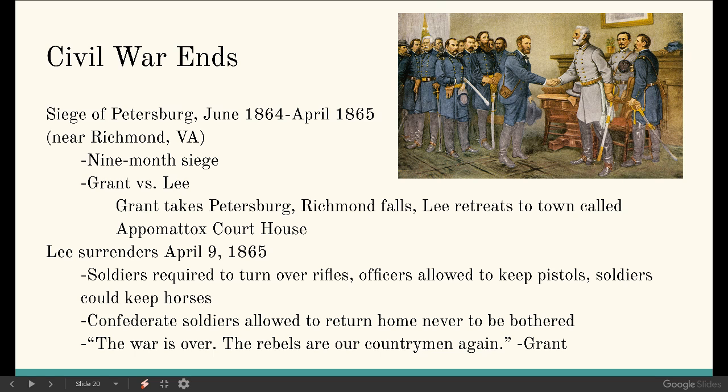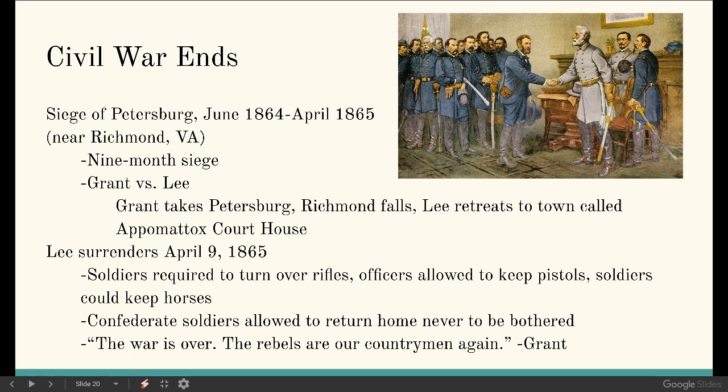And so once Grant is able to take Petersburg, Lee eventually retreats to a town called Appomattox Courthouse. The capital city of Richmond falls, and Lee eventually surrenders in April 1865.